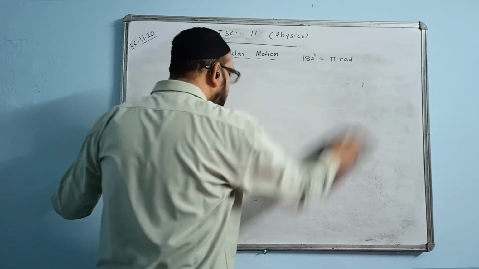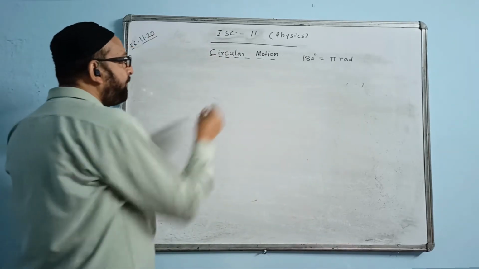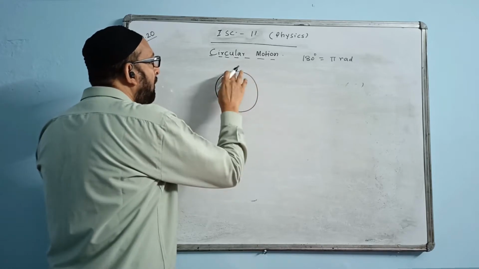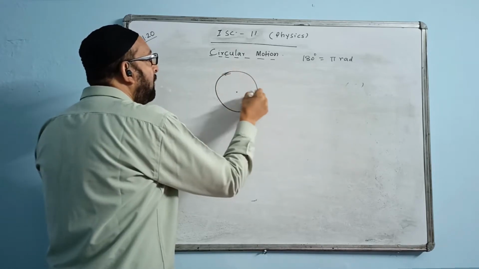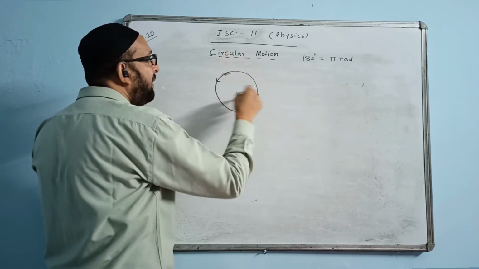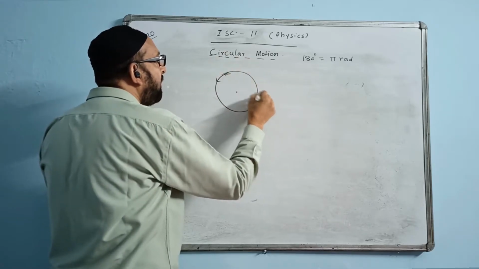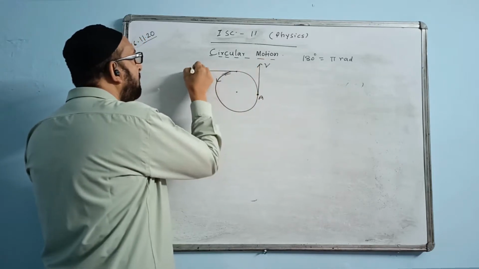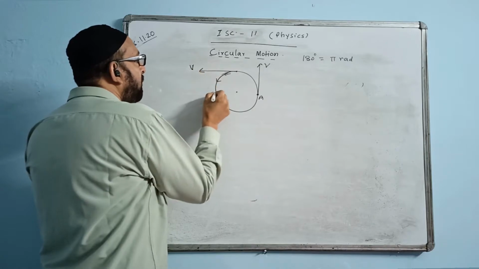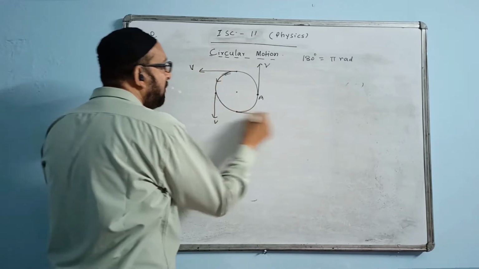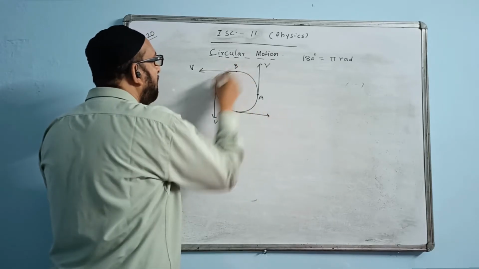Normally, in the class 10 diagram, if you remember, suppose the body is moving in this direction, anti-clockwise. What is the direction of velocity at the point A? It will be given by the tangent. At the point B, it will be another tangent. At point C, another tangent, and at point D also.